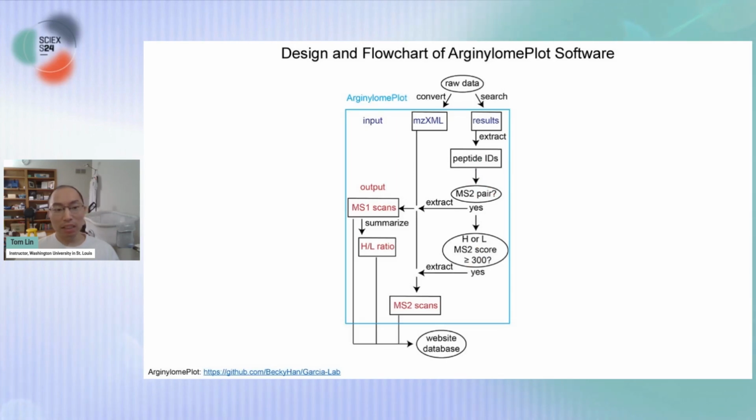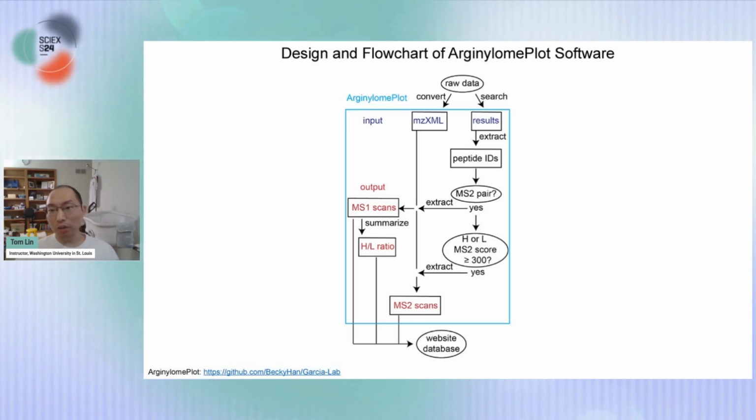To facilitate the data analysis, we have developed a software called Arginylation Plot. The design and the flowchart of the software is shown up here. Basically, from the raw data, we will do two steps. Step one is to convert them into the mzXML file as a general format for software recognition.